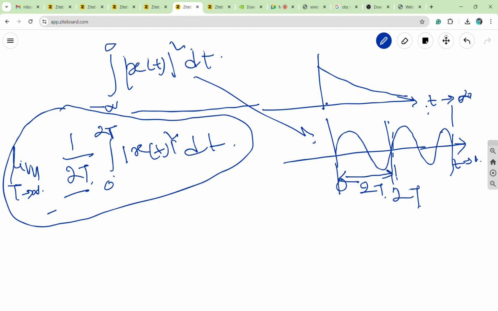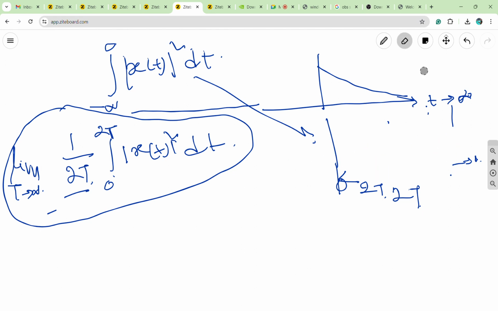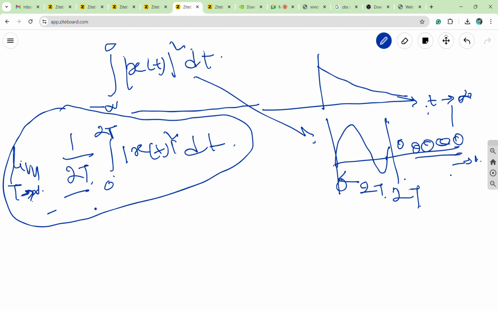Yes, sir. So basically there is no term after that. Suppose it becomes like this, only this term, nothing else. So as t tends to infinite, all these zero terms will start to get added. And at t equal to infinite, it is getting divided by 1 by infinite in this duration.